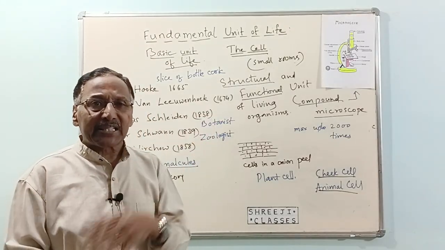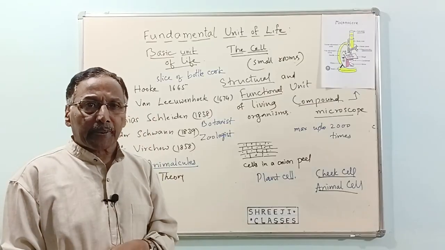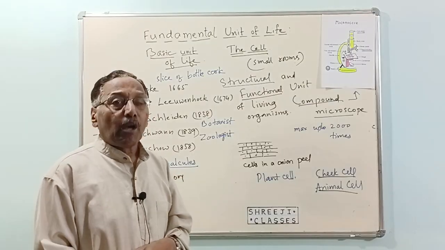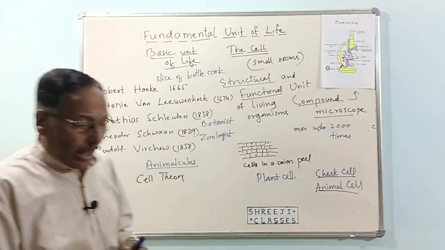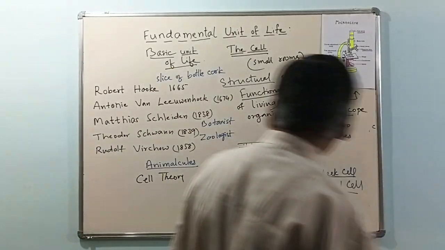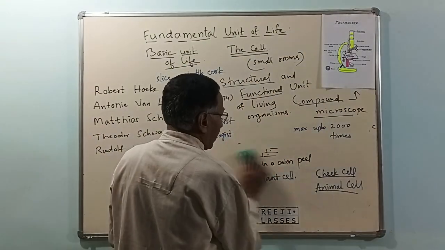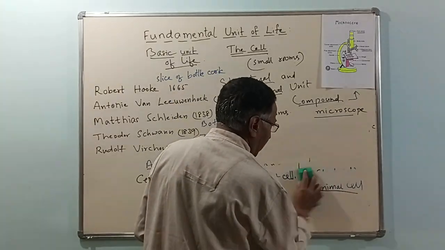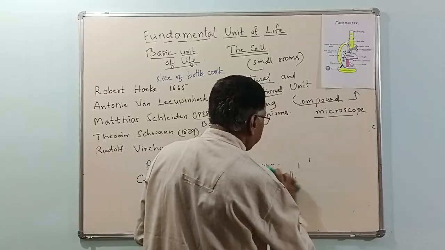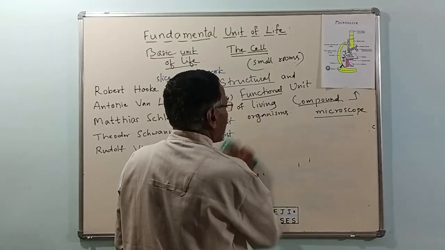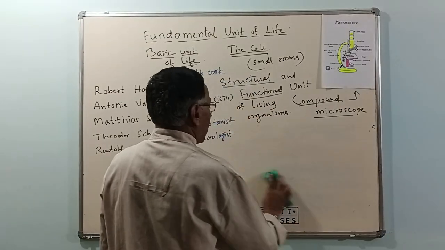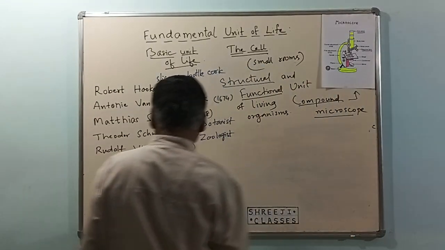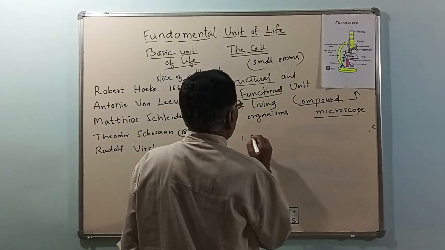What does the cell theory say? It says, first postulate, all plants and animals are made up of cells. First point.